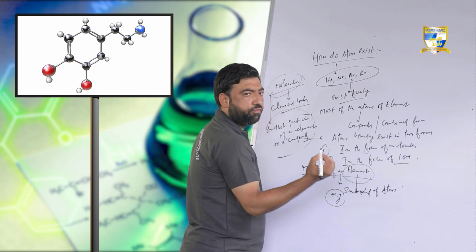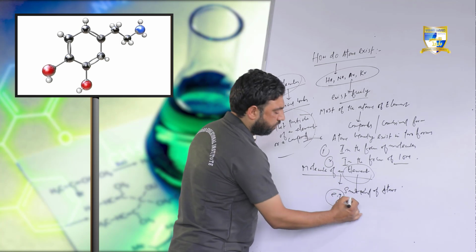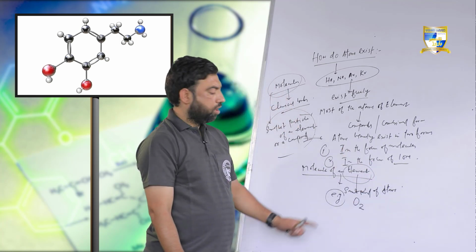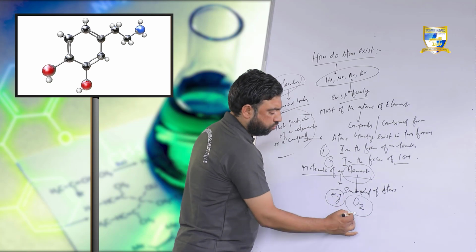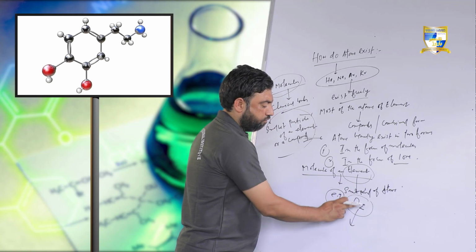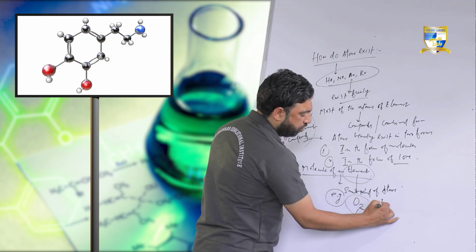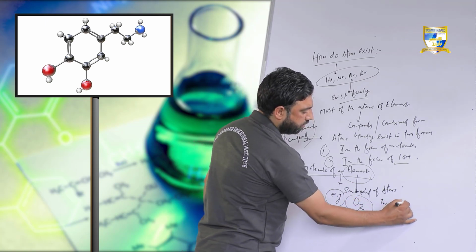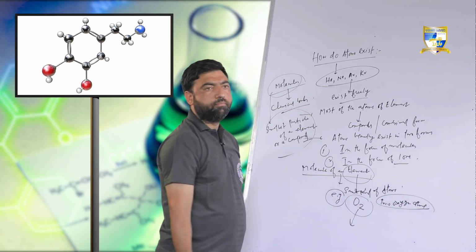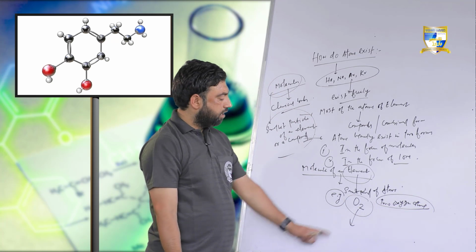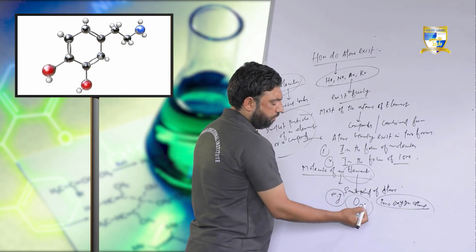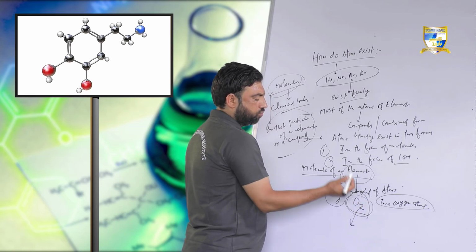So the chemical formula of the molecule of oxygen is O2. This O2 is the formula for the oxygen molecule, which is formed of two oxygen atoms combined chemically. So the formula becomes O2.